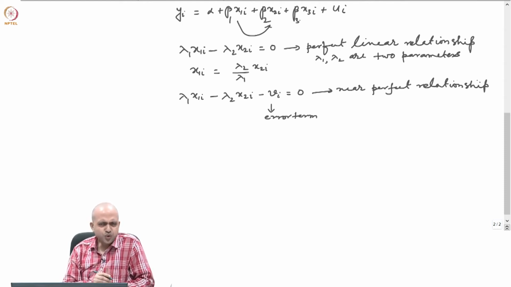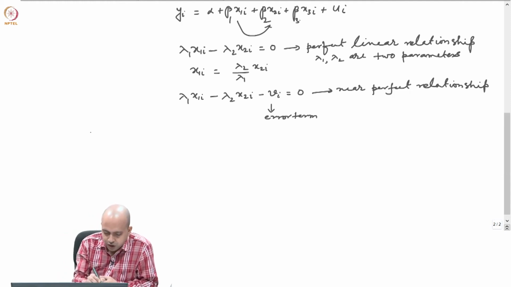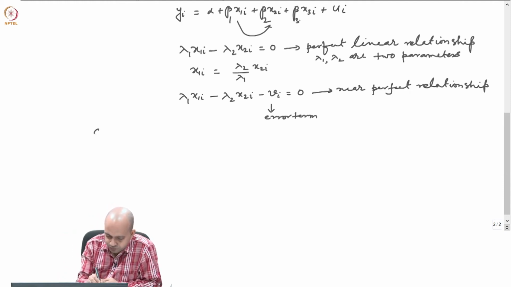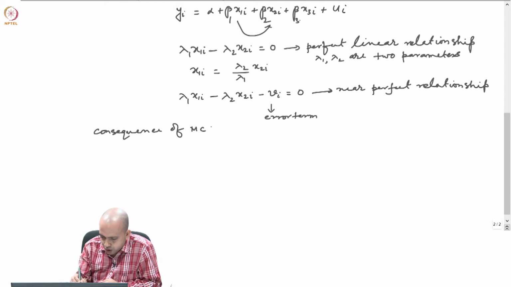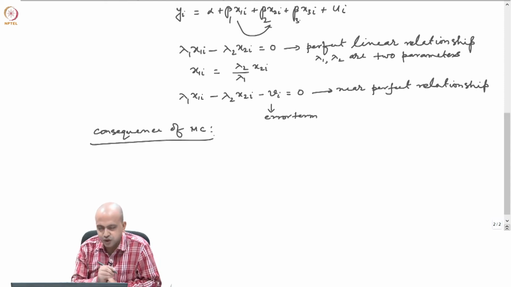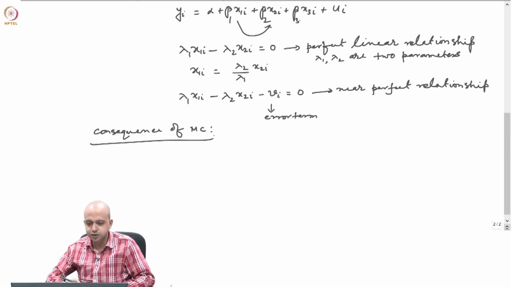Now the question is, why should we bother about multicollinearity? That means if such a perfect linear relationship exists between two or more explanatory variables, what are the consequences of multicollinearity? So let us talk about the consequences of multicollinearity, in short MC.